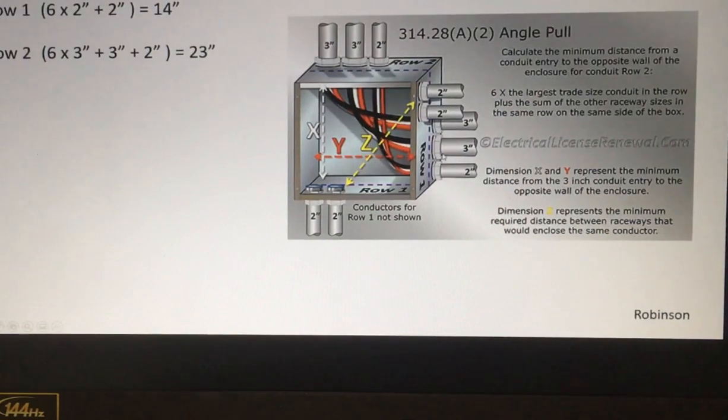Looking at row 2, we have 6 times 3, the largest conduit, plus 3, plus 2, which tells us we need 23 inches. So we would pretty much need a 24 by 24 pull box, because pull boxes come in 12 by 12, 8 by 8, 16 by 16, 24 by 24. There are different sizes, but generally they're square.